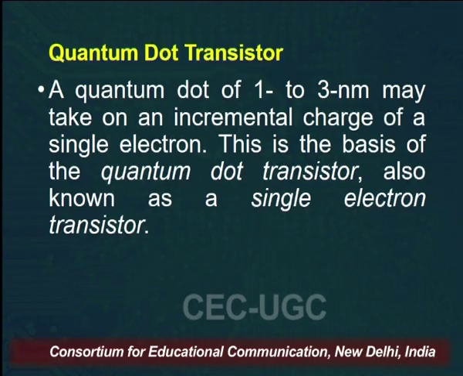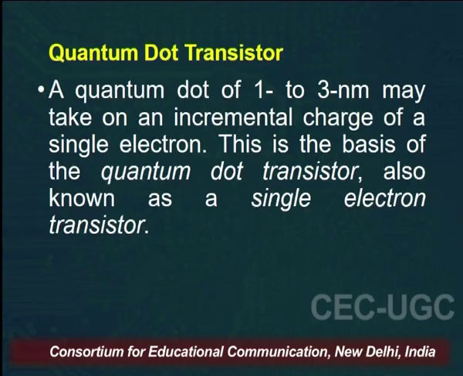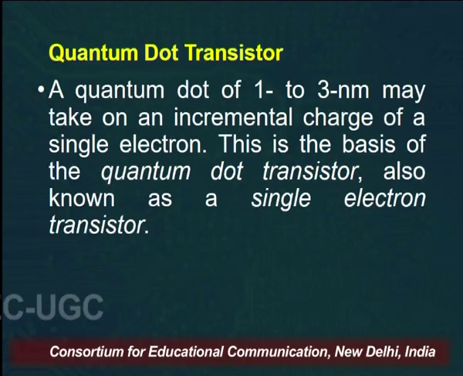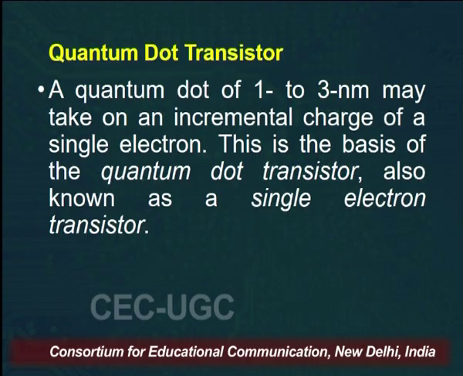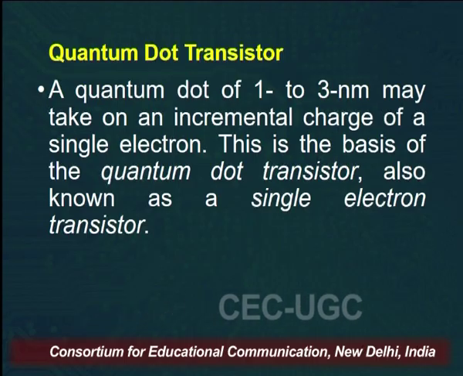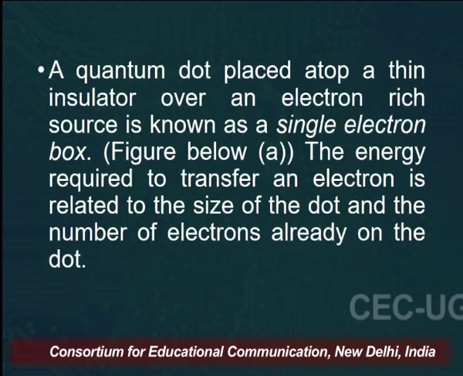This is the beauty of this transistor: it can work at 1 to 3 nanometers, and even a single electron charge can be measured through this quantum dot transistor. A quantum dot placed adjacent to a thin insulator over an electron-rich source is known as a single electron box.